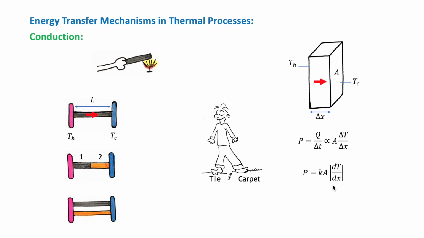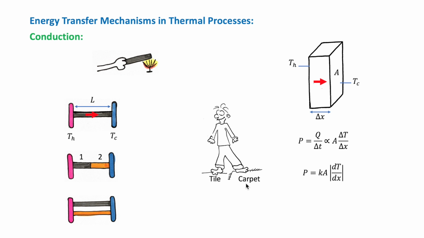The thermal conductivity of a certain material is the reason why if you put one bare foot on a tile floor and the other foot on a carpet, the tile floor will feel colder, even though both have the same temperature. This is because the tile floor has a higher thermal conductivity, and therefore the rate of energy transfer by heat from your foot to the floor is faster than in the case of the carpet.